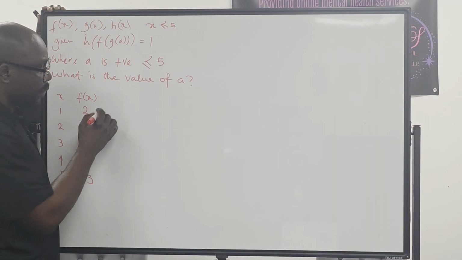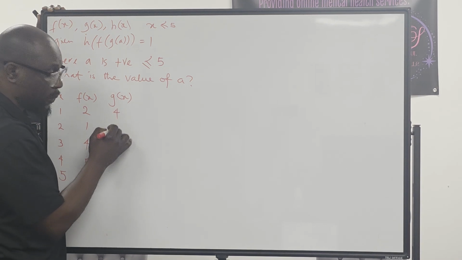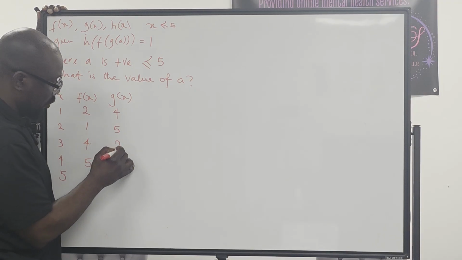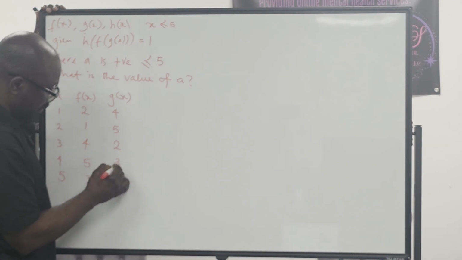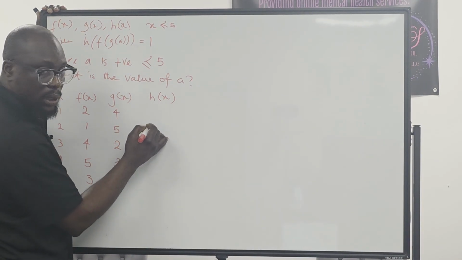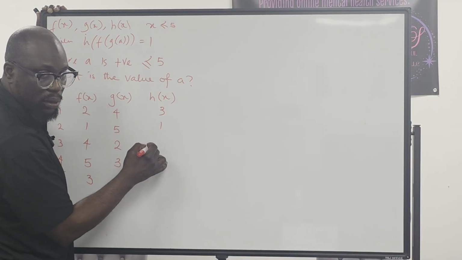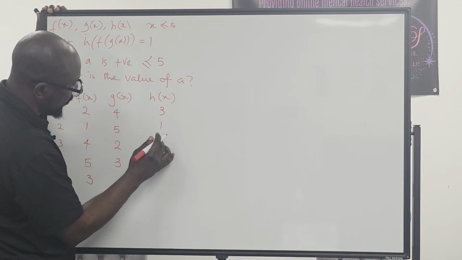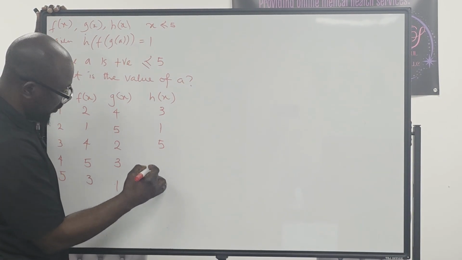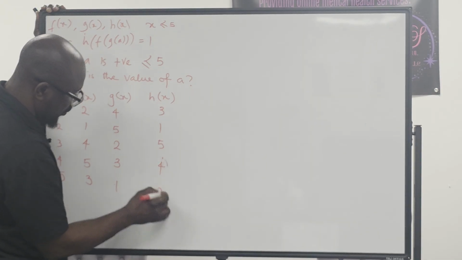While g(x) is 4, 5, 2, 3, 1. And then we have h(x), and that is 3, 1, 3, 1, 5, 4, and 2.